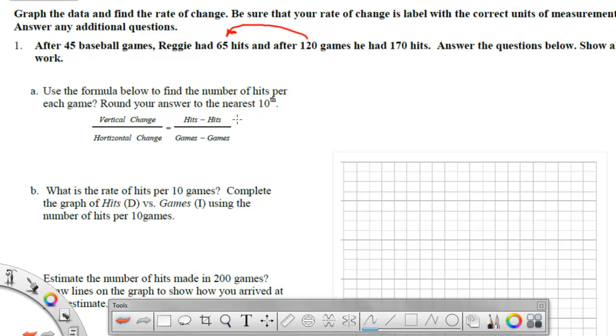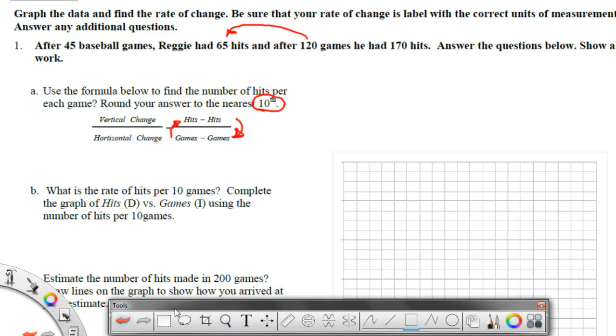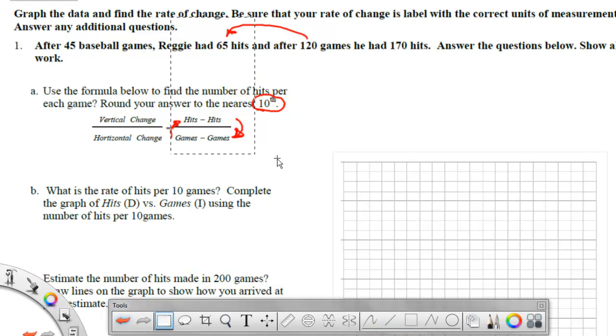Some of you put hits on the bottom and games on the top, so you didn't come up with the right units, number of hits per game. Some of you didn't round correctly, so you missed this. As we go through this first part, take a look at those and see if you did them right. And if you didn't, make sure when we do the retake that you remember exactly what you're supposed to do.